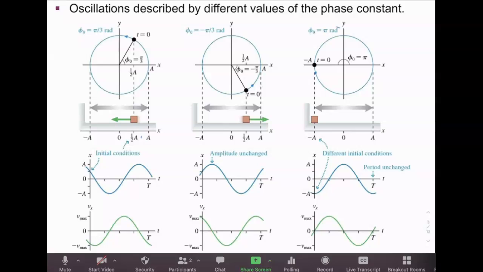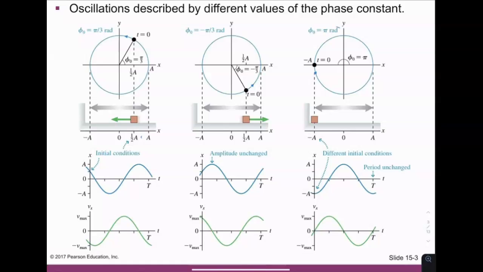On this slide, we show examples of oscillations described by different values of the phase constant. In the column to the left, the phase constant is equal to pi over 3.